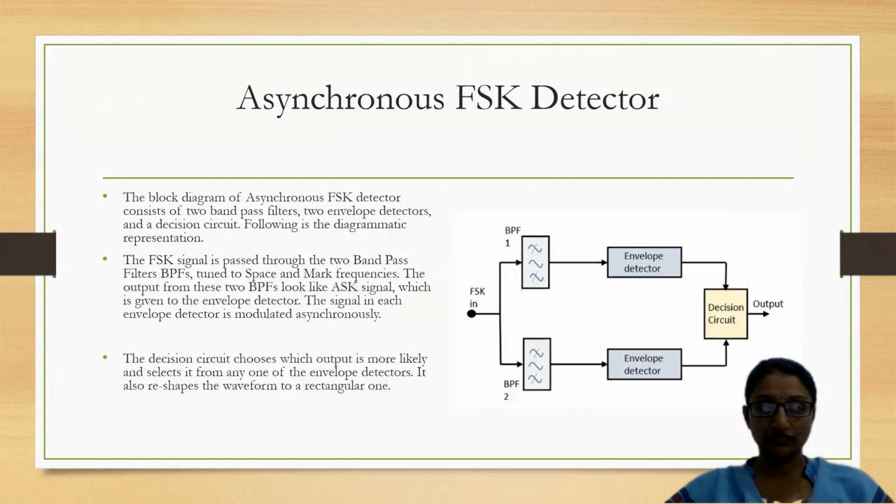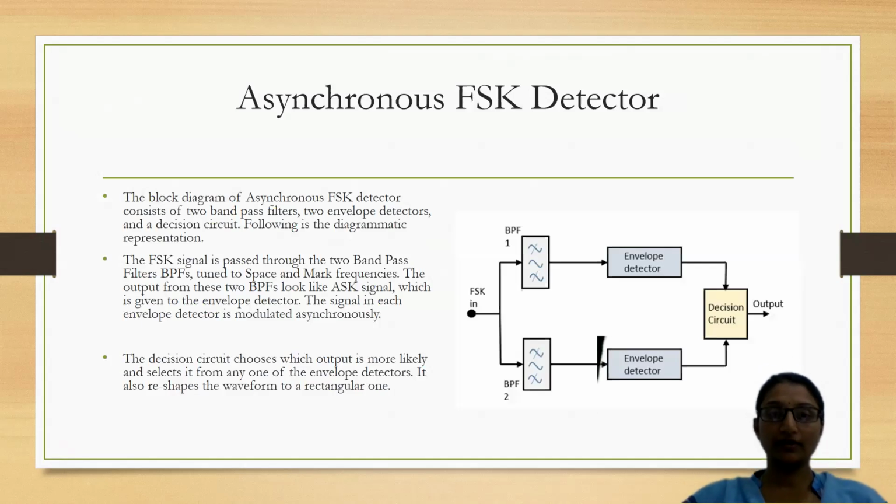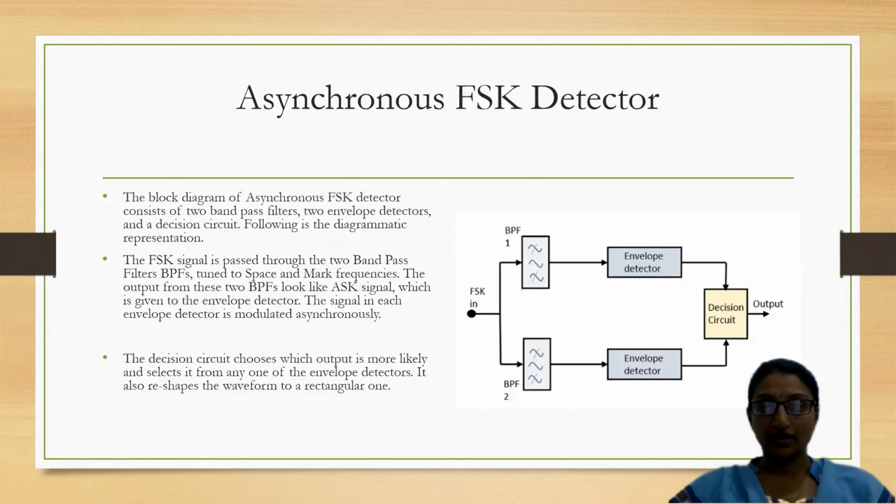If you observe the figure, the input is my FSK signal, which I give for pulse shaping. The output of that pulse shaped signal is given to an envelope detector, and finally we give it to a decision circuit for the output.